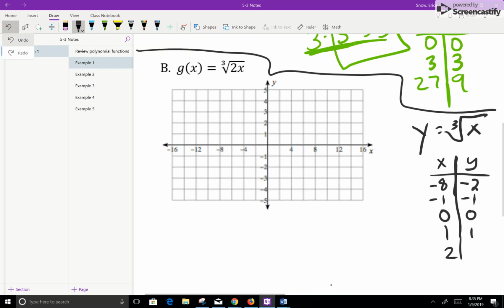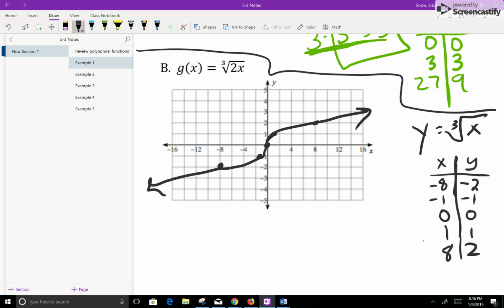Hope you all caught that. 8 and 2. So it's going to look something like this. So that, again, looks like a cube function, just rotated.